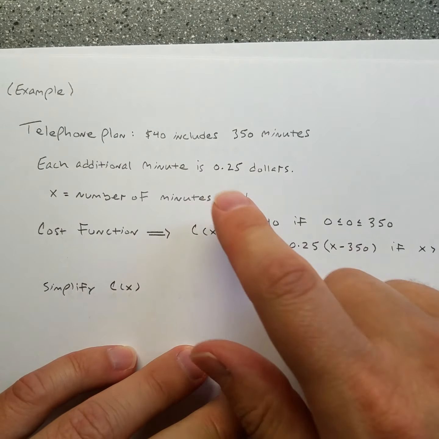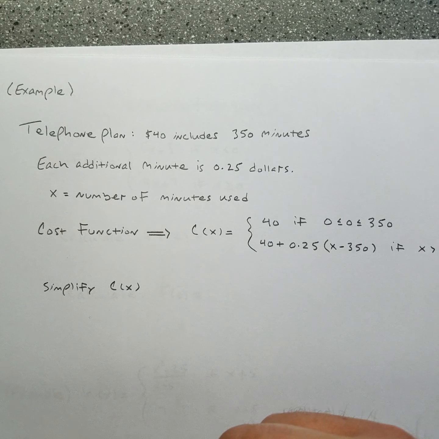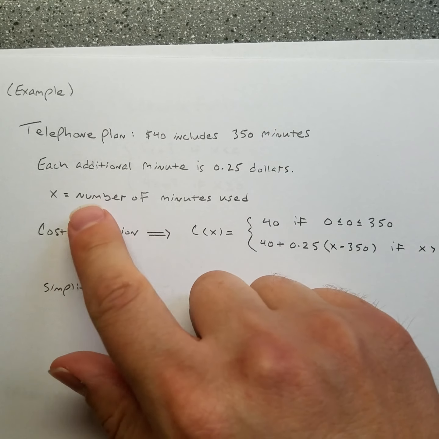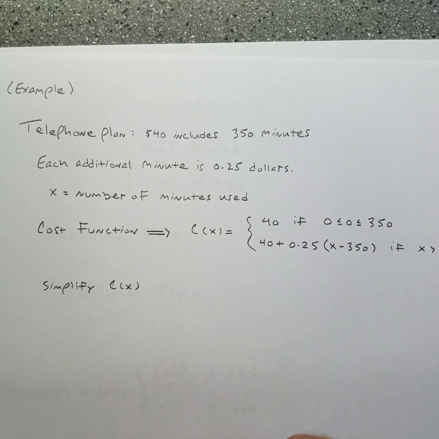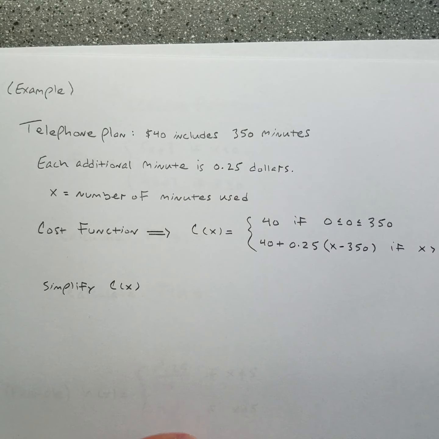Say we've got a telephone plan, and $40 includes 350 minutes. And every additional minute after that 350 that you get for 40 bucks is, I put $0.25, so you could say 25 cents. 25 cents for each additional minute.